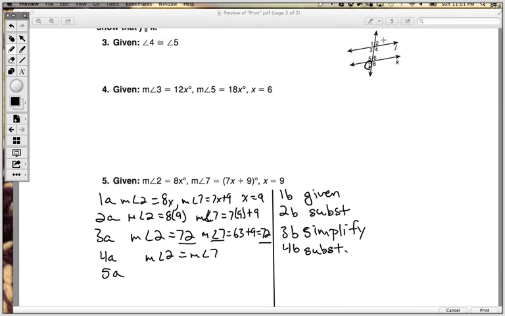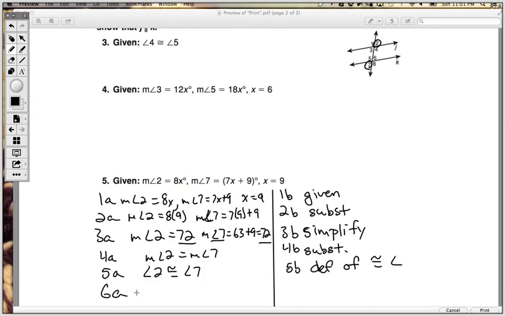And then 5a, now I need to jump into congruence, because if they're equal, that's cool, but for me to use 2 and 7, which are alternate exterior angles, I need to use the congruent symbol to talk about that theorem. Okay, so angle 2 then is congruent to angle 7, and that is the simple definition of congruence, congruent angles.